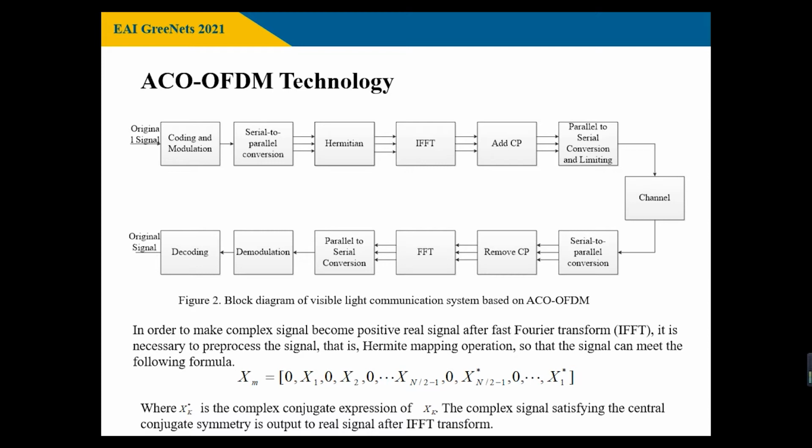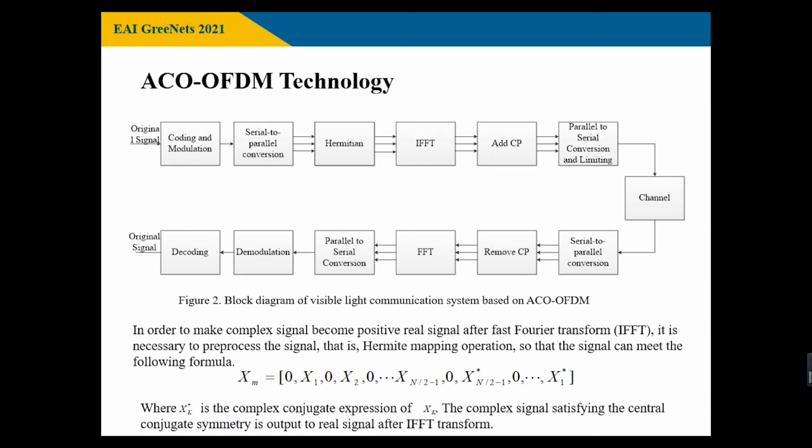Third, that is ACO-OFDM technology. OFDM is one of the multi-carrier modulation technologies. The so-called OFDM technology is to divide the data stream to be transmitted into several sub-data streams.